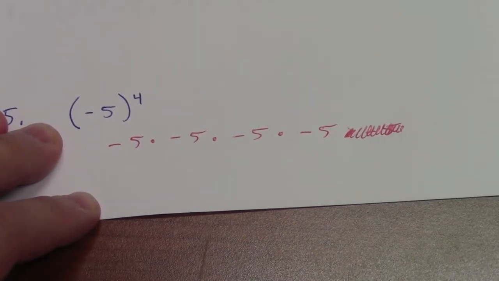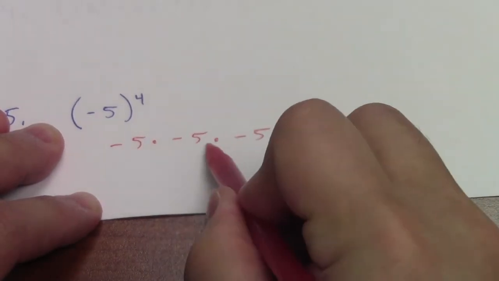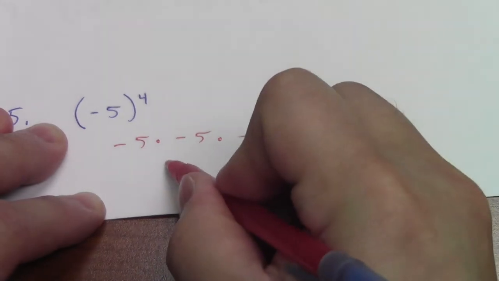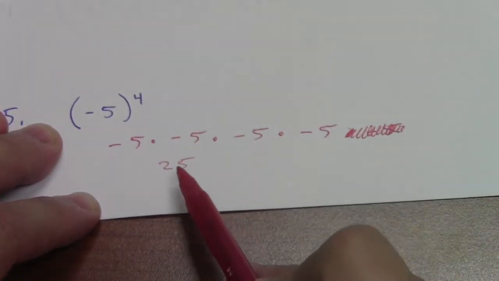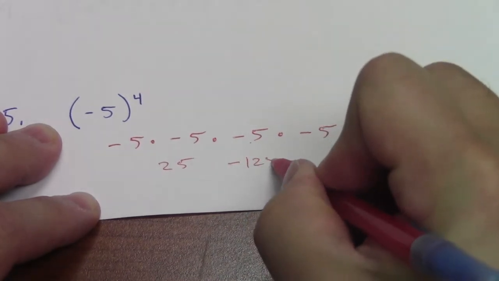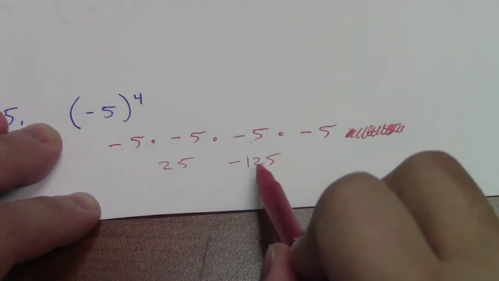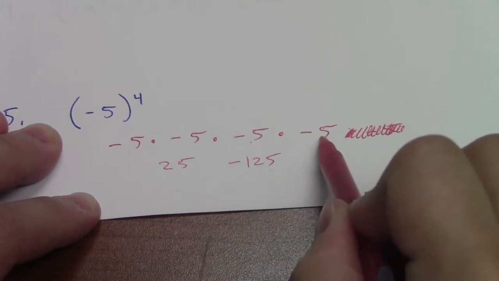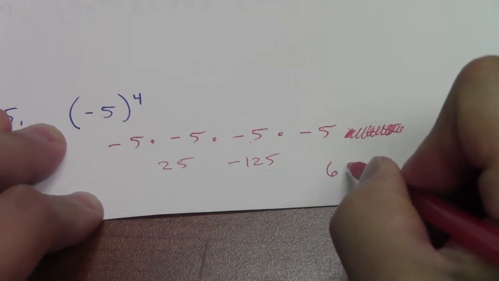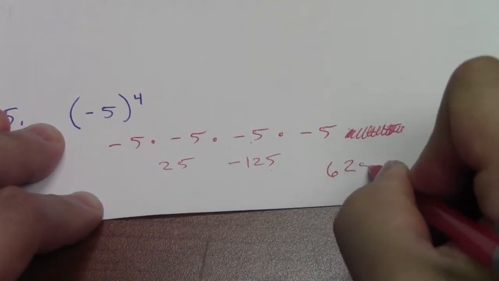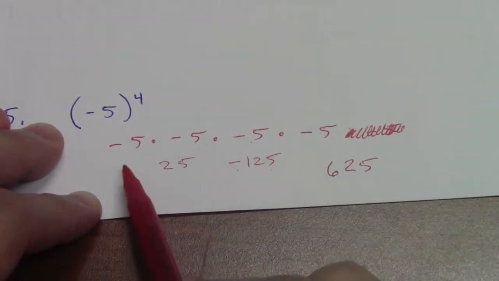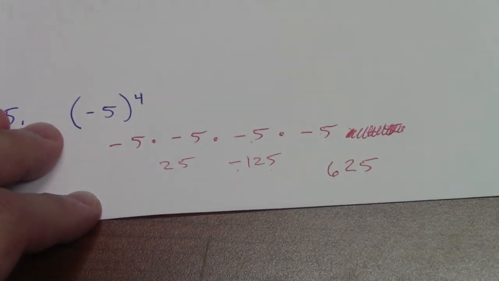So -5 times -5 is 25. 25 times -5 is -125. And -125 times -5, we end up with 625. Positive, because it's a negative times a negative. But like I said, if you put it in your calculator, you should get the same answer.